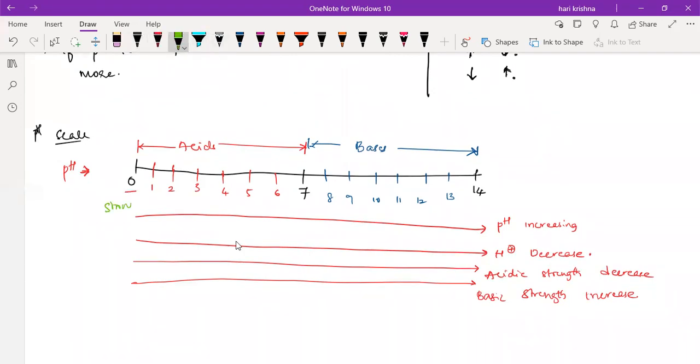These are the strong acids, and this is a weak acid. Then is 7 a strong base or is 14 a strong base? 14 is strong. Strong base, and 8 is a weak base.